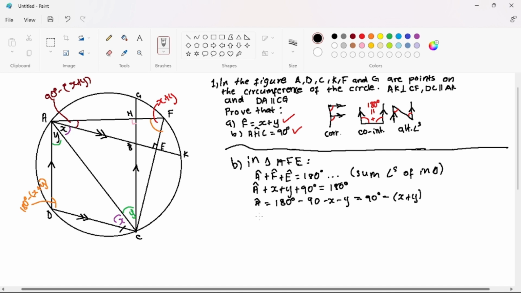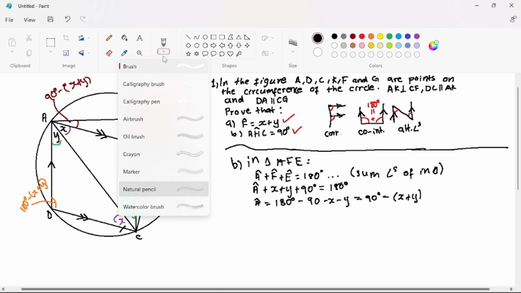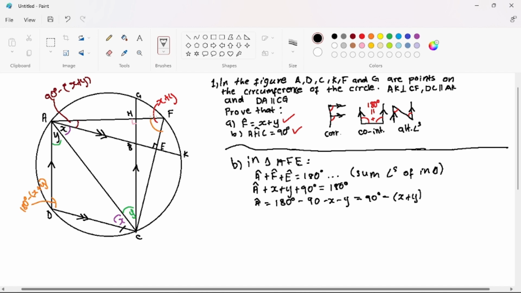After that, guys, what I want you to draw your attention to, I was trying to find a pencil here. I want us to consider this triangle, guys. Why are we considering this triangle? I'm trying to find this angle.